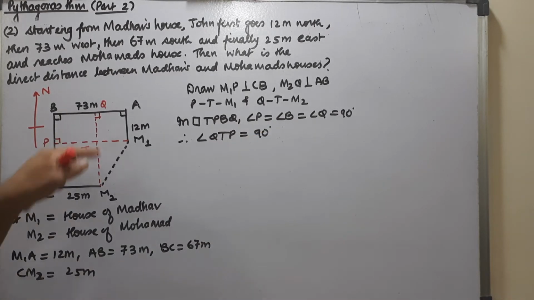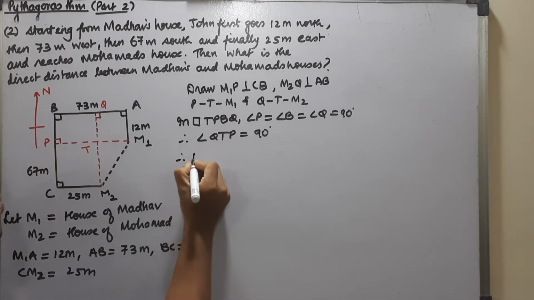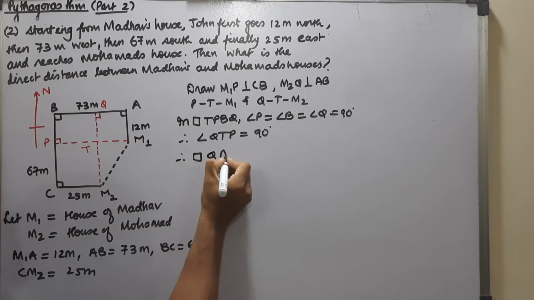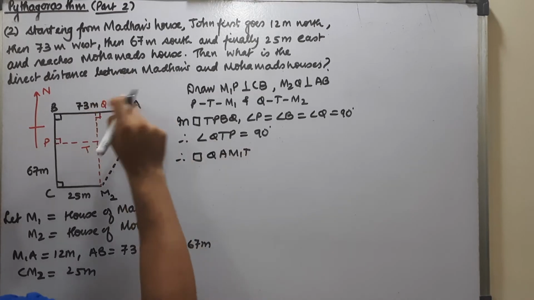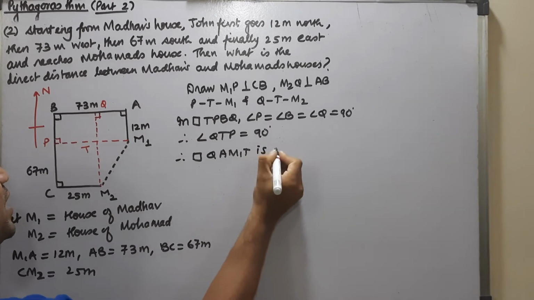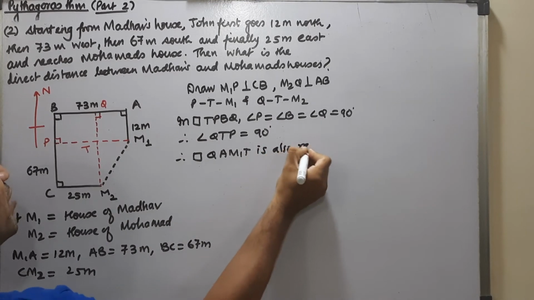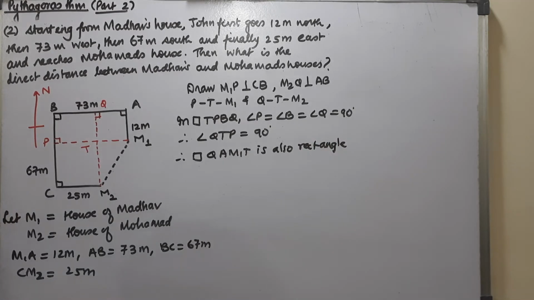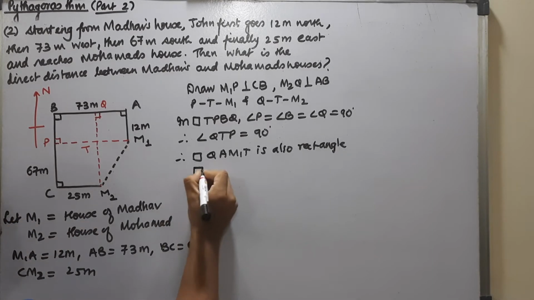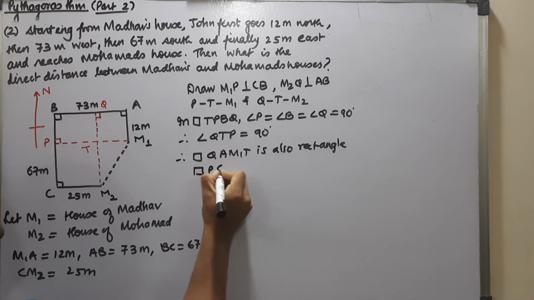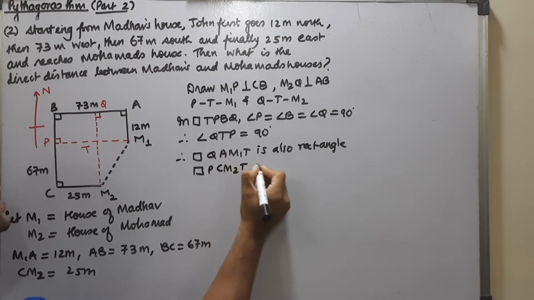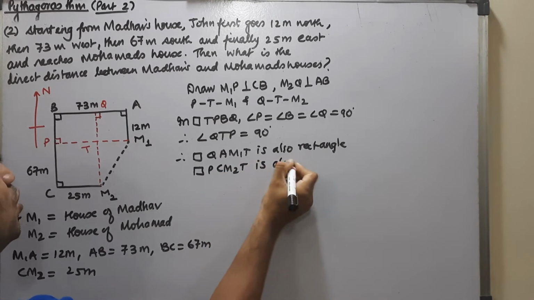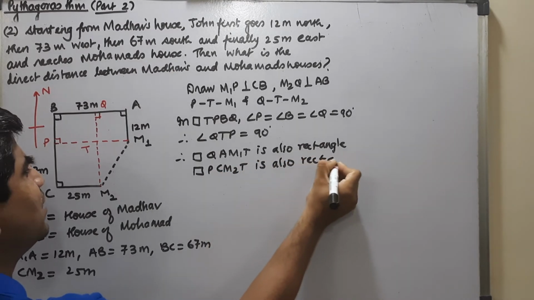So obviously, quadrilateral QAM1T is also a rectangle, and being a rectangle, it makes even quadrilateral PCM2T also a rectangle.